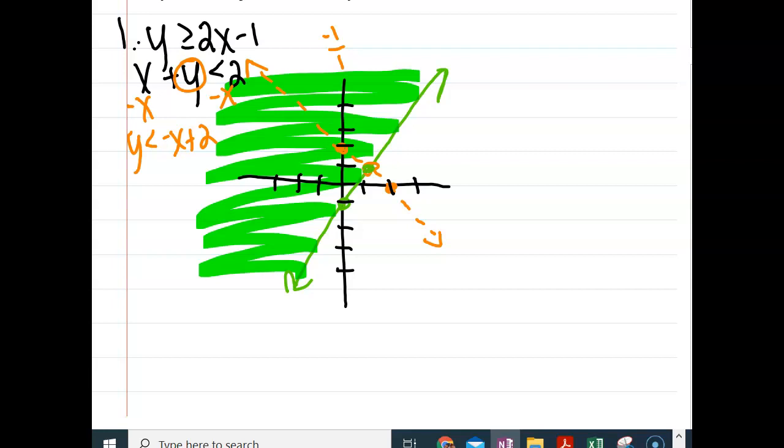And then remember, you always want to go to the inequality that we're graphing. So if y is less than, are we going to shade above or below? Below. Now, this is the one you just need to take an extra second. It's the one that I have graphed in orange, so you're going to shade everything below the orange line.